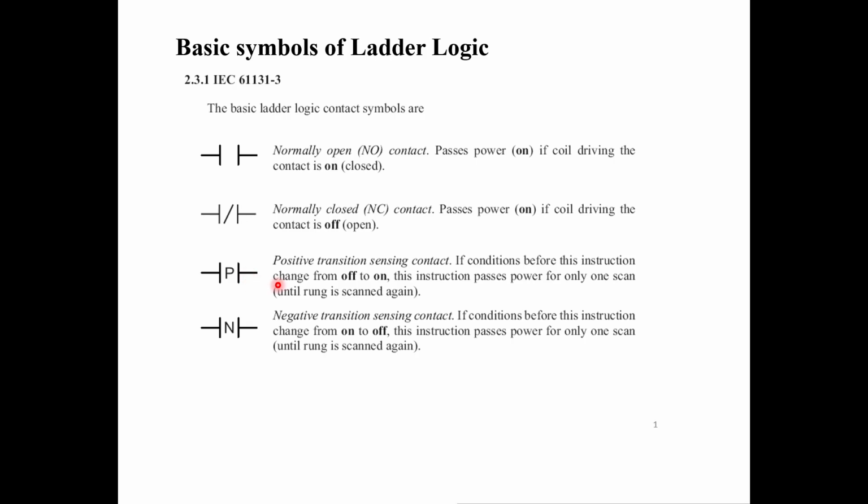You may have a positive transition seeking contact and a negative transition seeking contact. Meaning when the transition goes from off to on, only then it will carry current, and vice versa. If it goes from on to off, only during that transition it will carry current. So if I draw it, it will look something like this.